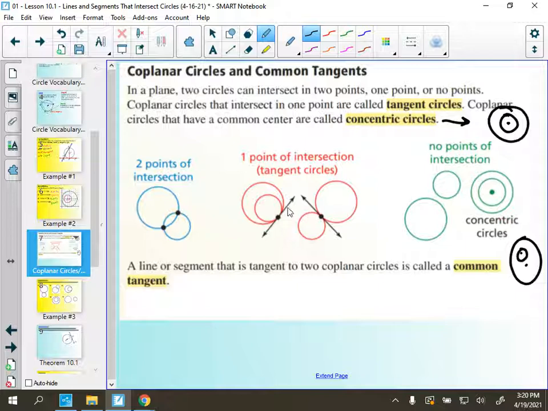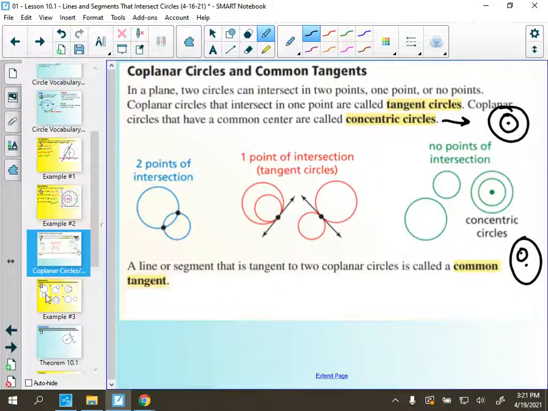So right here, these two black lines are examples of common tangents. This black line intersects both the inner circle and the outer circle at the exact same time in one spot. Same thing here. This black line is intersecting this right circle and this left circle all at the same time, but only in one spot. So that's what a common tangent is.